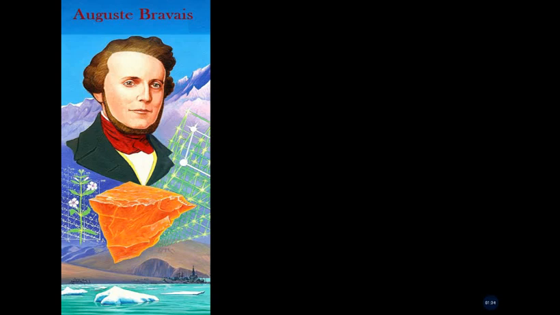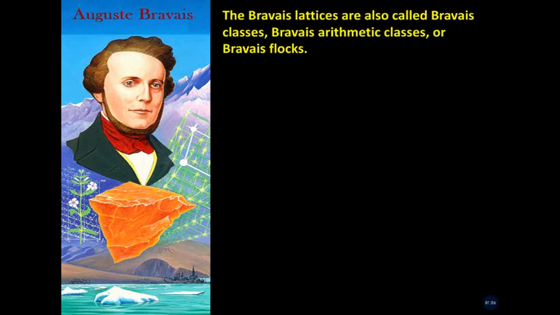There are 7 different kinds of crystal systems, and each kind of crystal system has 4 different kinds of centerings or unit cells, that is primitive unit cell, base centered, body centered and face centered unit cell.